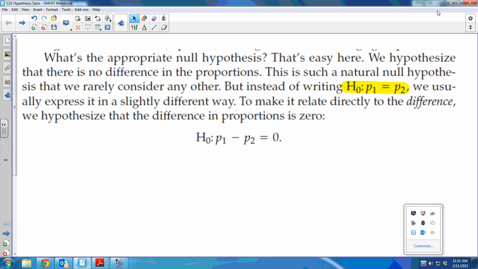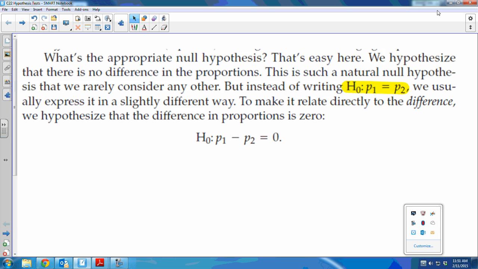Now, our null hypothesis, again, is no change. That's what we're always looking at. Well, for two proportions, we're always doing the difference between the two proportions, right? P1 minus P2, like we did yesterday. Find the difference in proportions. If you're assuming there's no change, then what do you think the difference is going to be equal to?